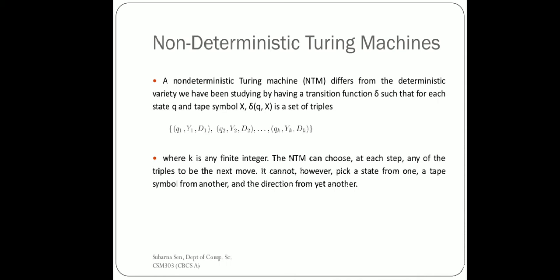It may write any symbol y1, y2, yk, and for any of these new state and new symbol pairs, the direction will be decided, whether it will move right or left. That is denoted by d1, d2, dk here. So this many transitions are possible for a particular transition, where k is any finite integer.